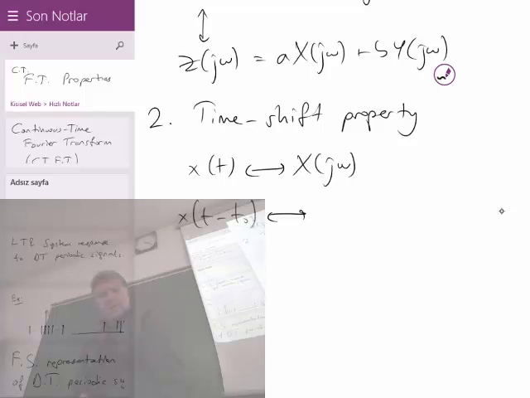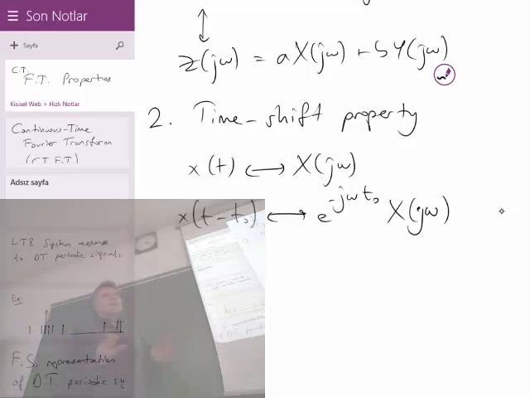The time shift will impose an extra complex exponential like this in the Fourier domain, times X of j omega. Okay, this is minus.